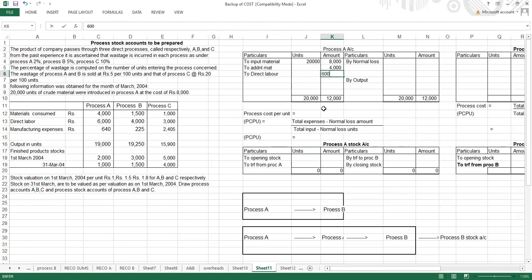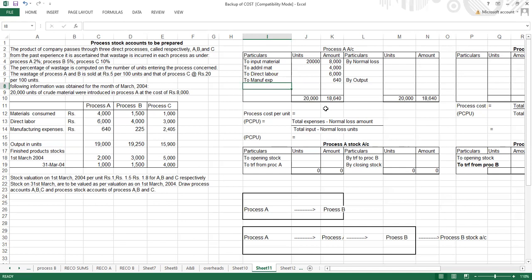We'll write in the amount column. Then manufacturing expenses 640. After that, output is given.